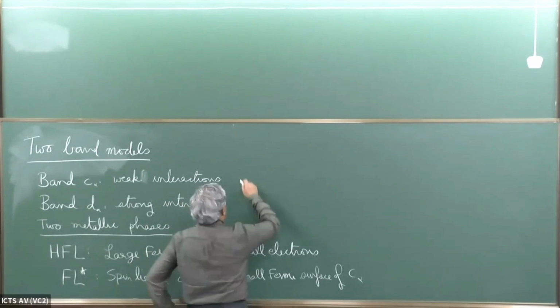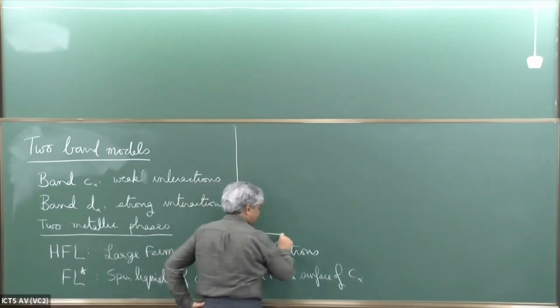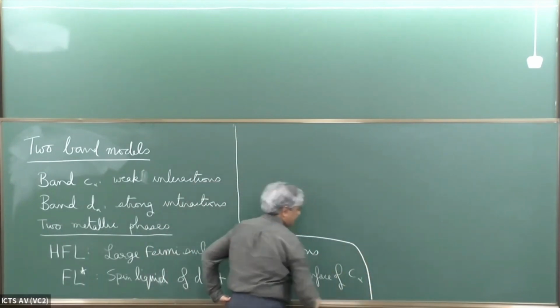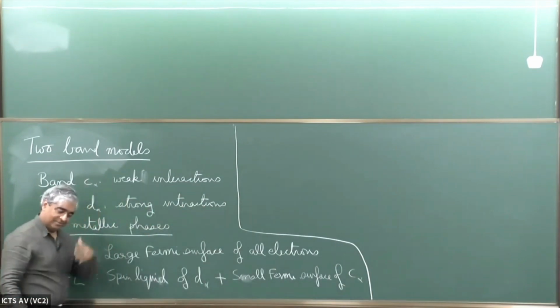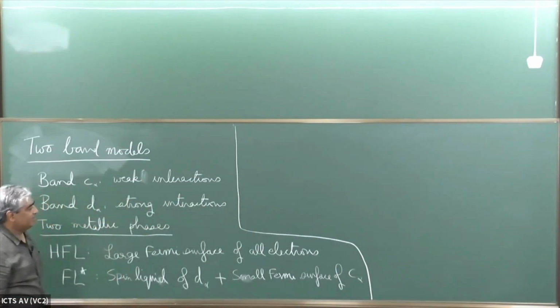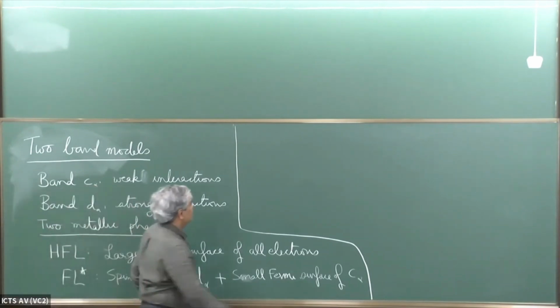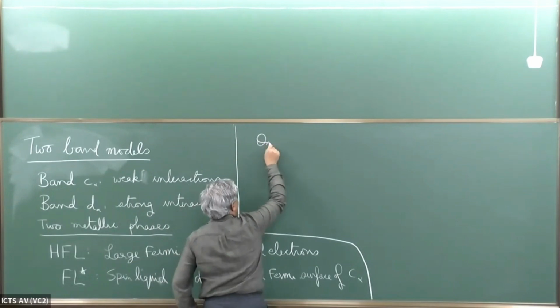So let's talk about that now. I want to present some relatively recent ideas building on work by many people over the years, which I think, at least in my opinion, are getting quite close to applying these ideas in a systematic way to the cuprates. Okay, so we'll talk about a 1-band model.